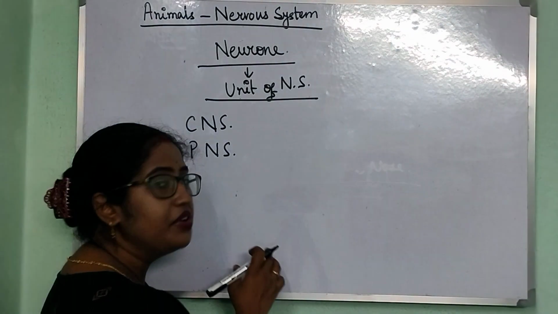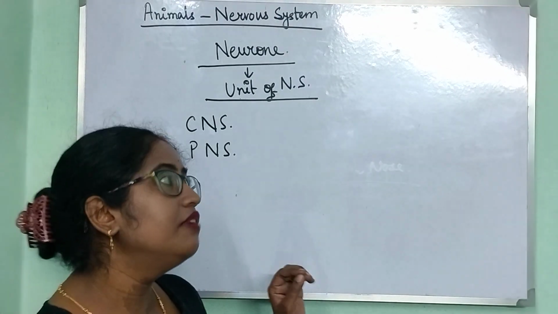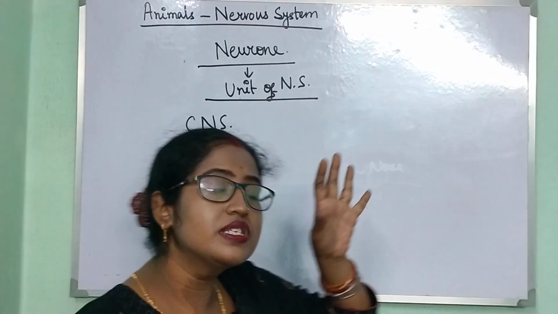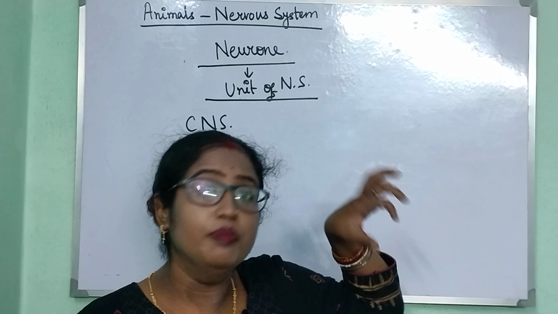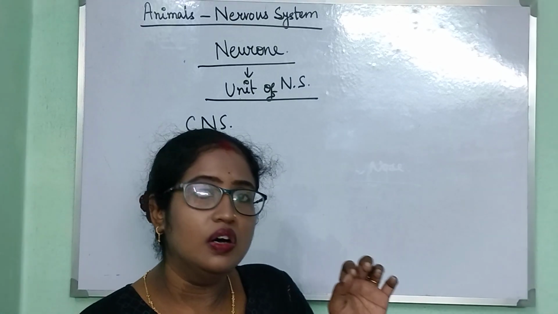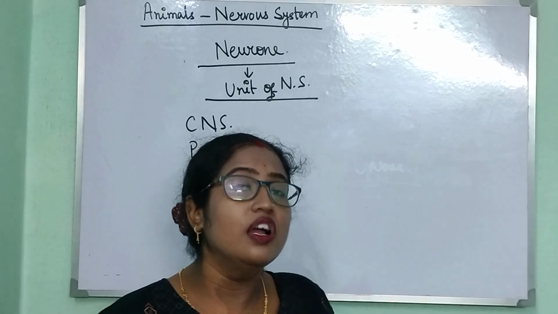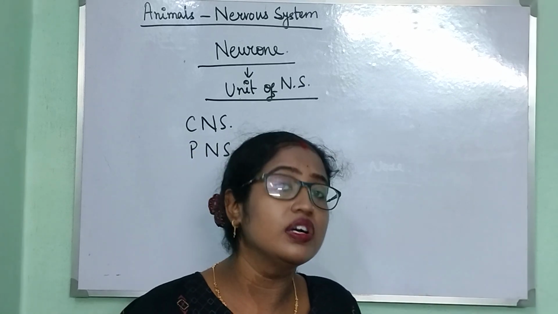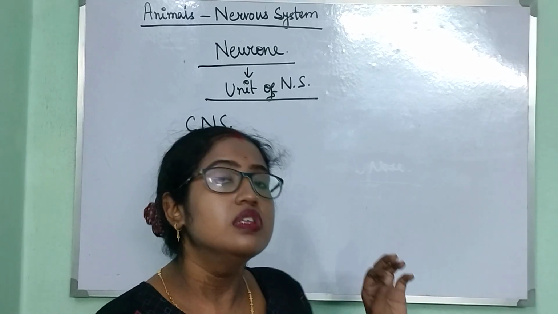If we compare the nervous system with a computer, then the CPU or controlling unit controls each and every function of a computer.